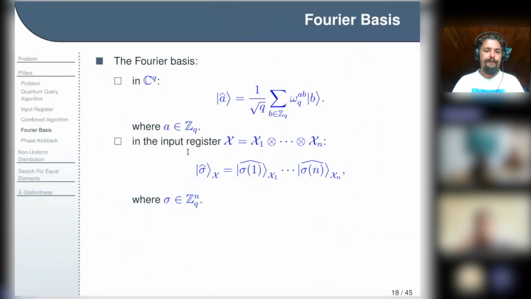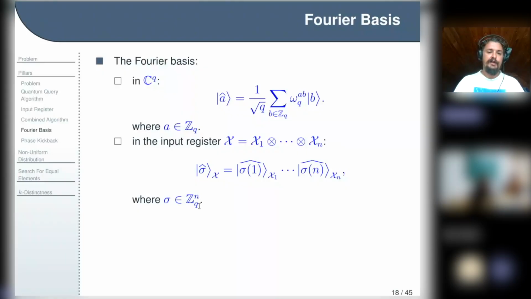In the input register, which is a product of n copies of this register, the Fourier basis is just given by tensor products of the Fourier basis in the corresponding registers. I can think of it as labeled by a string, which I will denote by small sigma, and this small sigma lives in the space Z_q to the n. So the input string x and the Fourier basis string sigma live in the same space, Z_q to the n.